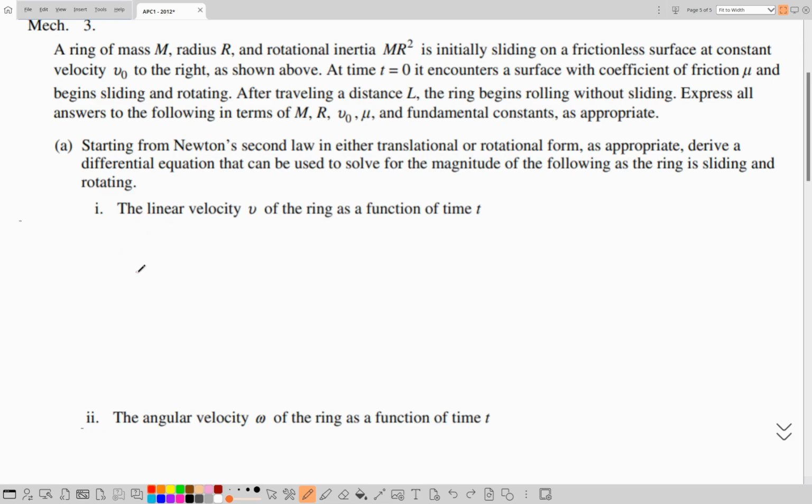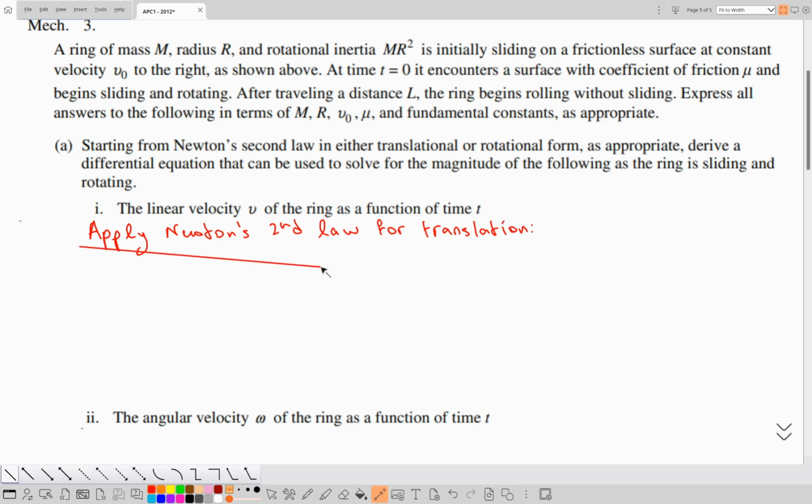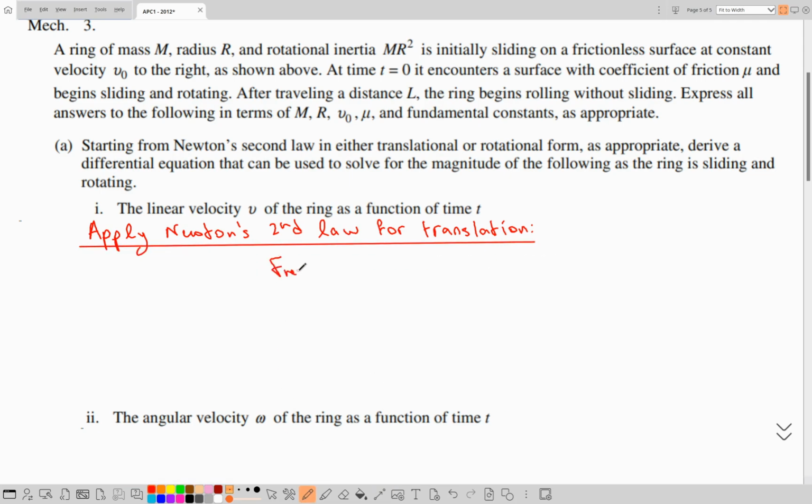Because they have stated linear velocity, it means that we need to use Newton's second law for translation. Then let me state here, apply Newton's second law for translation, which is given by sum of F equals capital MA.